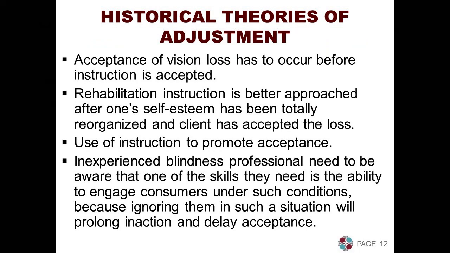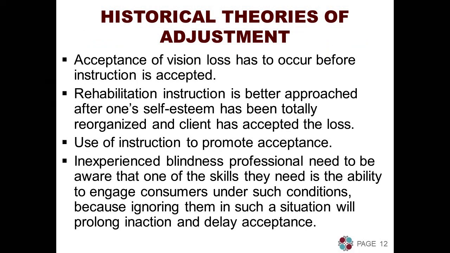So anytime you see their names associated with the adjustment process, you're going to see that model. What Livneh did is look at about 40 models, and he said there are some common threads through all 40 models of adjustment. He put them together into the unified model of adjustment, which brought us these five stages.